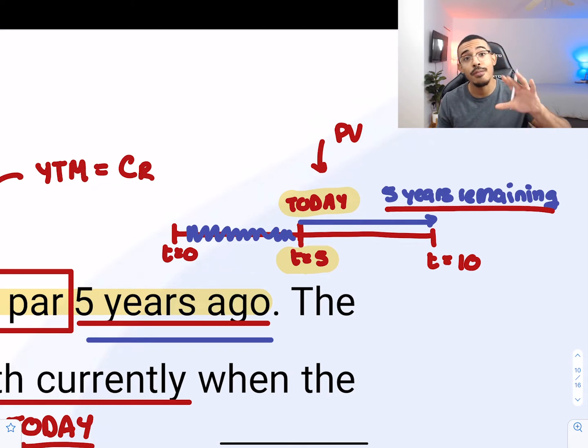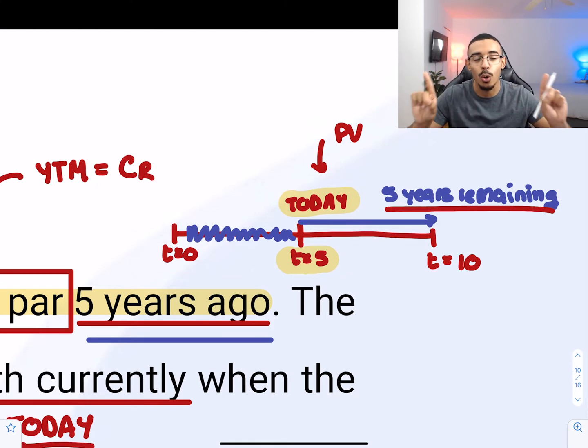Therefore, if we have 5 years remaining and we are making payments twice per year, how many total payments are being made? That's the question you need to ask yourself, and that's a really good sense check to have when you do your exams. In this case, we have 5 years remaining. We're doing 2 payments per year. Therefore, we have 10 total payments, and that's going to be our N, the amount of total payments we're making.